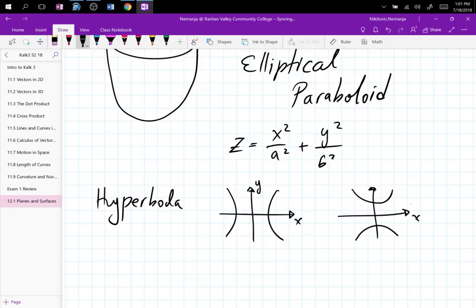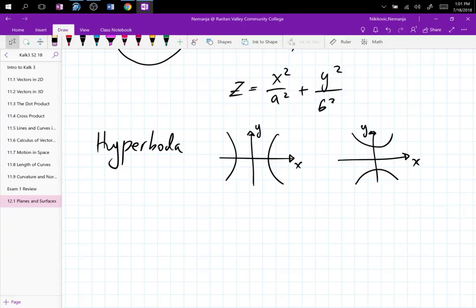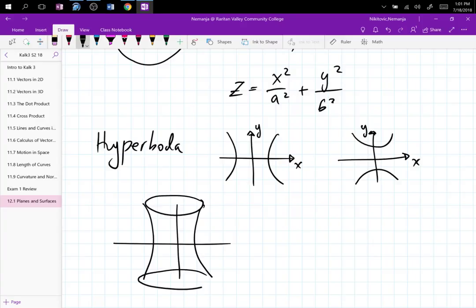And hopefully when you compare that to the shapes that you have, you see that the 2D hyperbola, I draw the 2D hyperbola again, and then I just add the 3D feature to it, and I create a hyperboloid of one sheet.